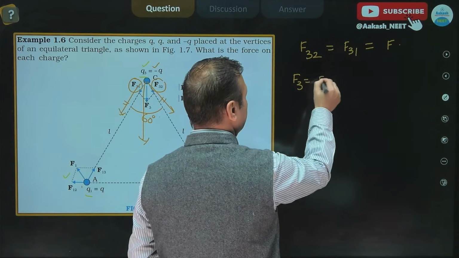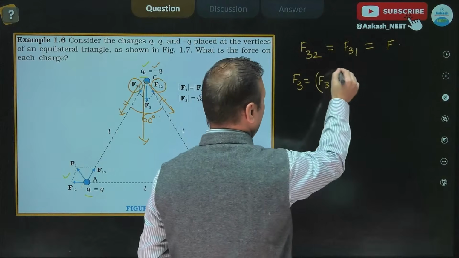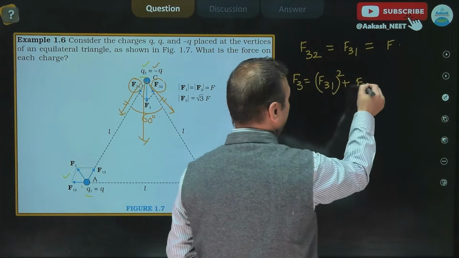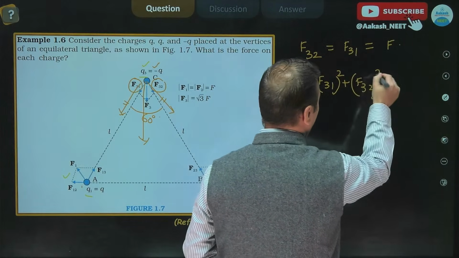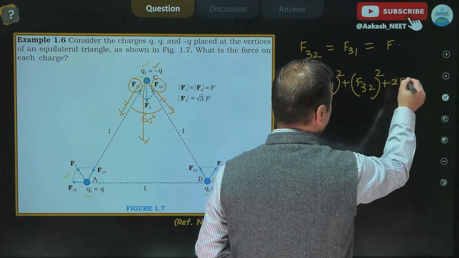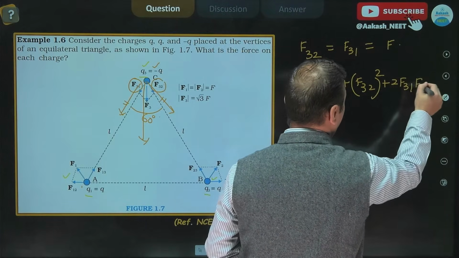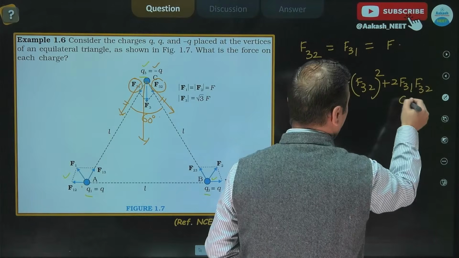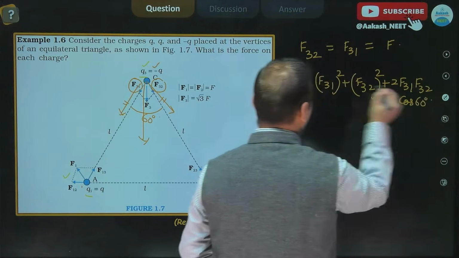So F3 is F31 square plus F32 square plus 2 times F31 F32 cos of 60 degrees.